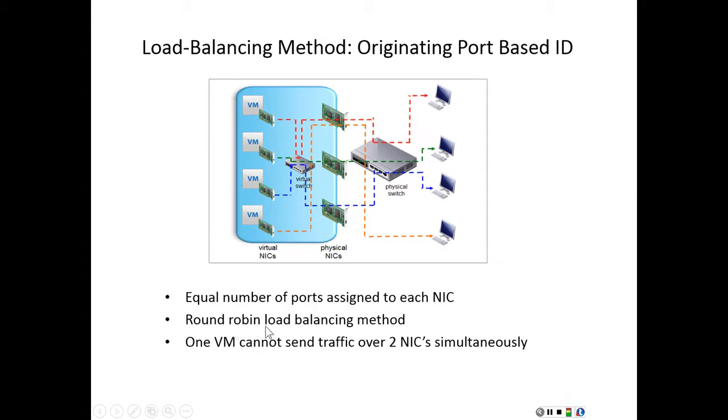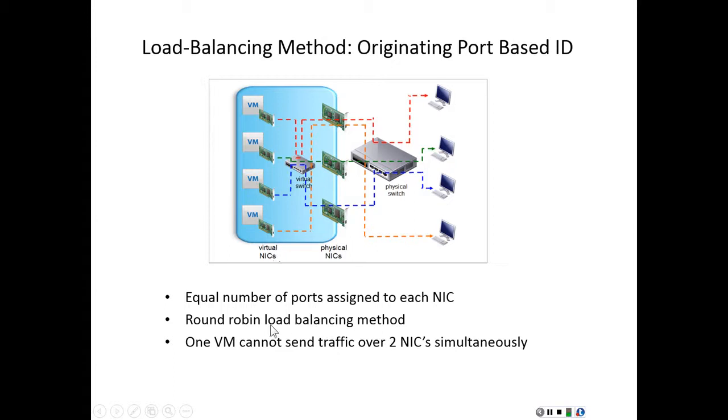So here's what round robin means. What we have is 3 network interface cards. So the first virtual machine will be associated with the first network interface card. The second virtual machine, which is turned on, will be associated with the second network interface card. The third virtual machine, which is turned on, will be associated with the third network interface card, and the fourth virtual machine, which is turned on, will then be associated with the first network interface card.